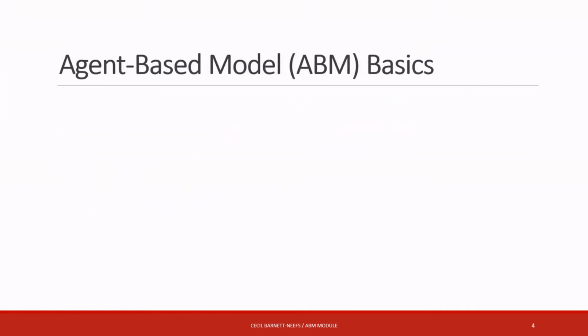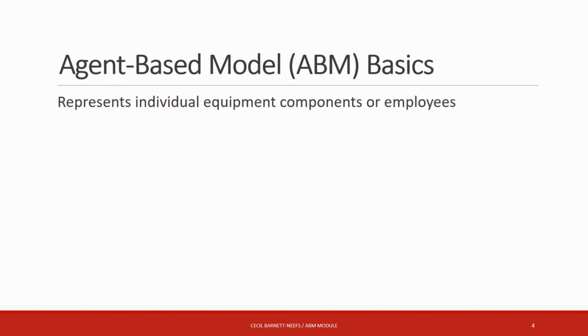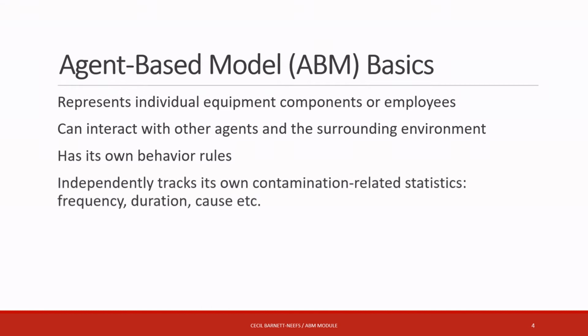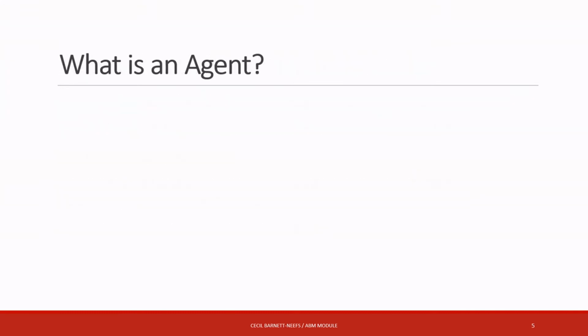Within an ABM, the core component is the agent. Each agent can interact with each other. It represents the employees or equipment, having its own behavior rules to act autonomously, such as when to interact with other agents, and will track a number of statistics for later analysis. A key question in ABM development is how you would represent equipment or employees as agents.